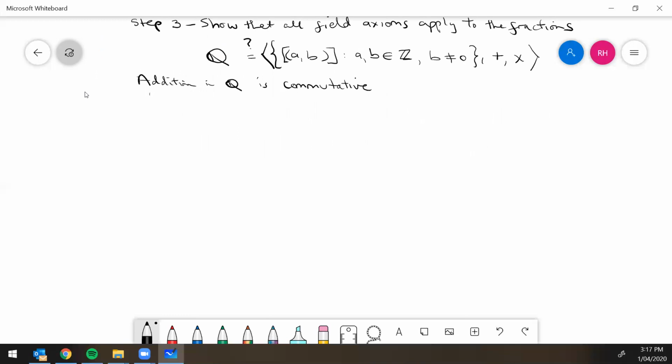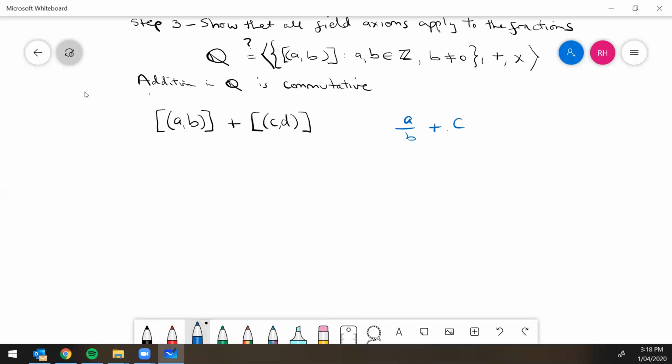So let's create 2 fractions. Remember, we're using equivalence classes, and an element of the equivalence class is an ordered pair. So this is actually the fraction A/B, and we're going to add C/D. Actually, I wonder if I could do it this way, which would be cute.